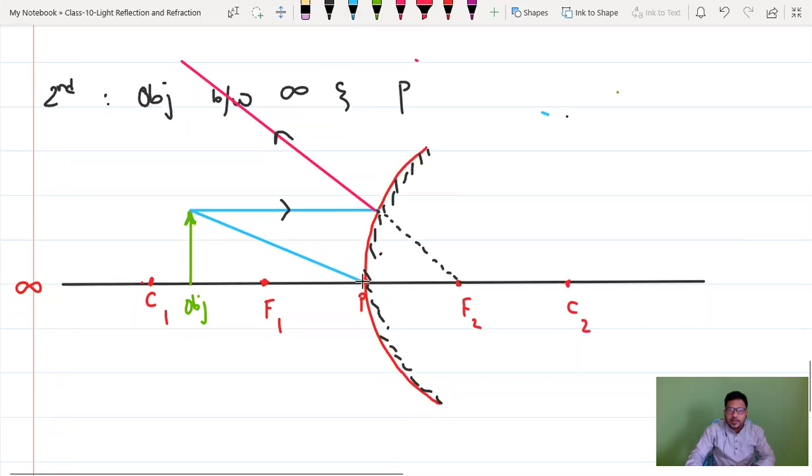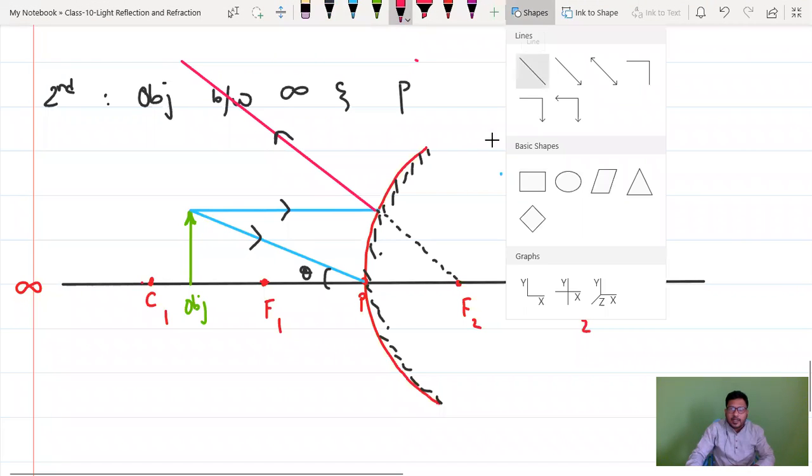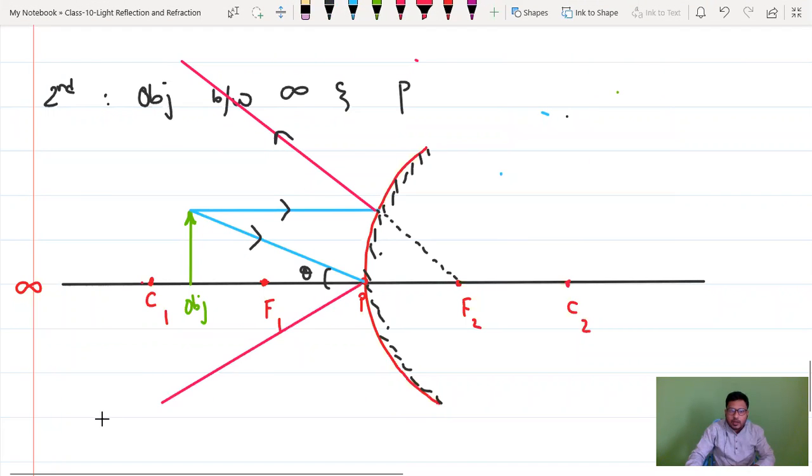If it is touching pole P, so incident ray is moving forward, touching pole P with some angle theta. What about reflected ray? Reflected ray also will diverge like this, isn't it? By making an angle theta. This is reflected ray which is making some angle theta.